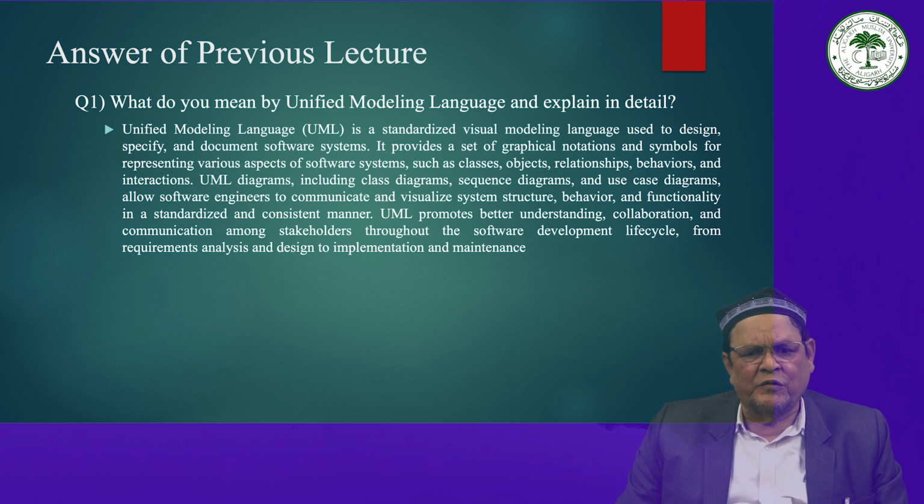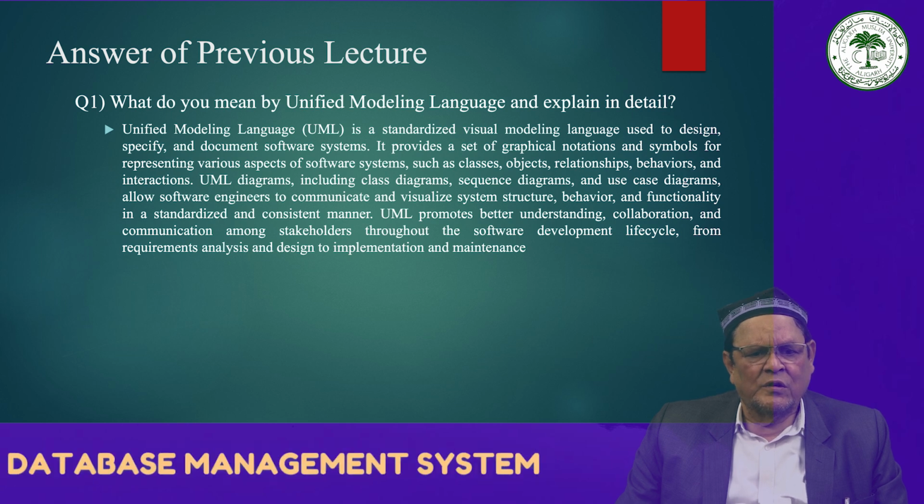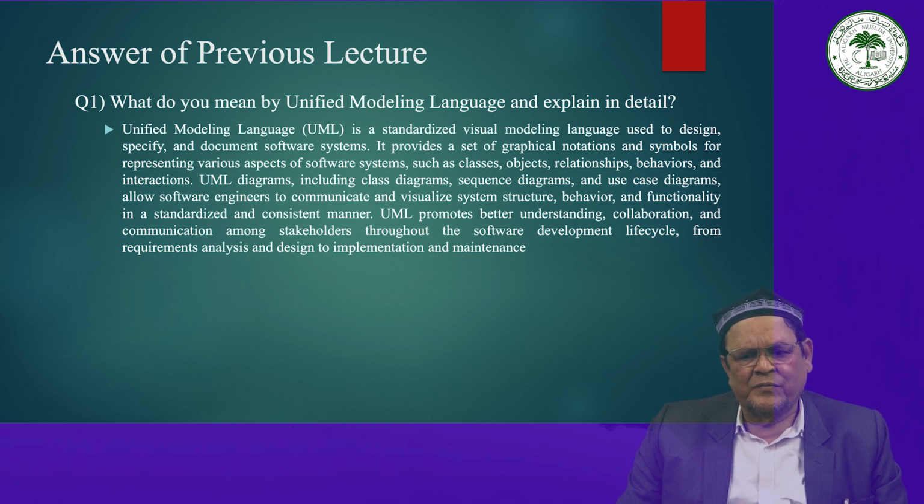It provides a set of graphical notations and symbols for representing various aspects of software systems such as classes, objects, relationships, behaviors, and interactions. UML diagrams, including class diagrams, sequence diagrams, and use case diagrams, allow software engineers to communicate and visualize system structure, behavior, and functionality in a standardized and consistent manner.